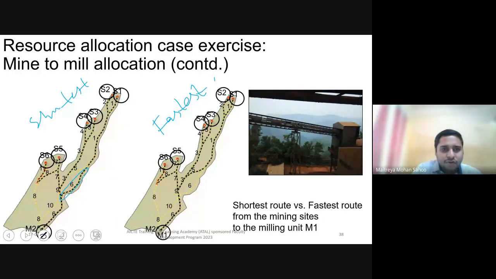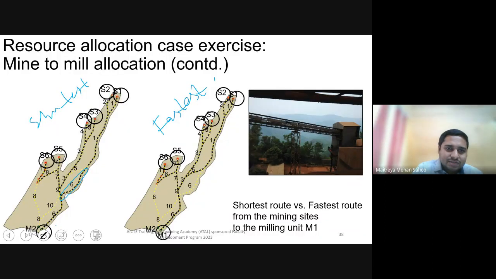The shortest route for S1 to milling unit M1 was something like a straight line. But when it comes to the fastest route from S1 to M1, it goes via route 1 and then takes a diversion to route 5 followed by route 3 and then route 9 followed by route 6. This reaches the milling unit M1.